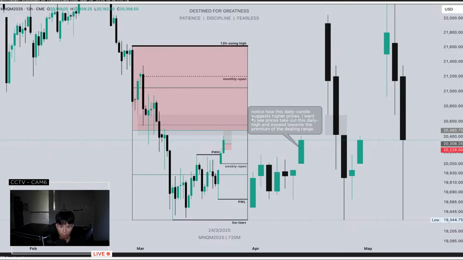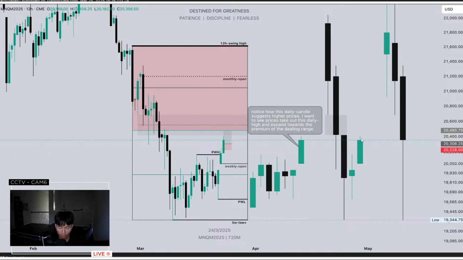And so my higher time frame objective is for us to retrace back into the premium of this dealing range, and this daily candle aligns with that objective, right?